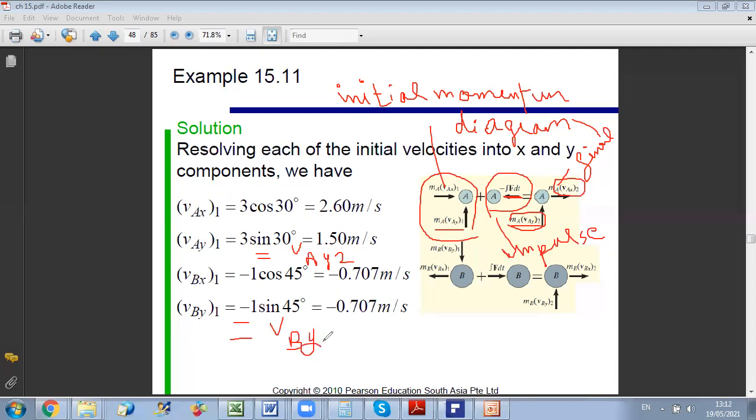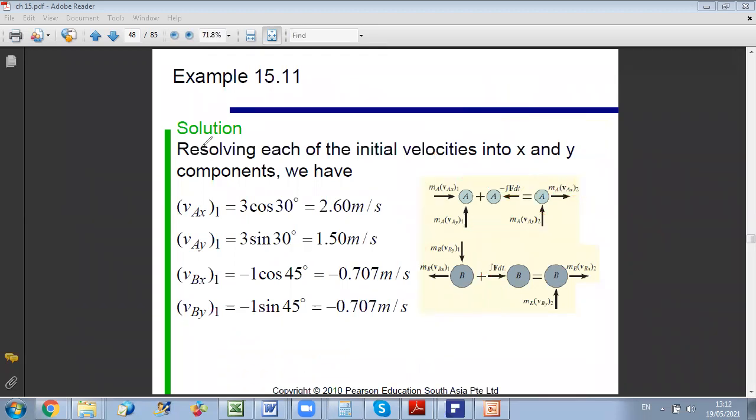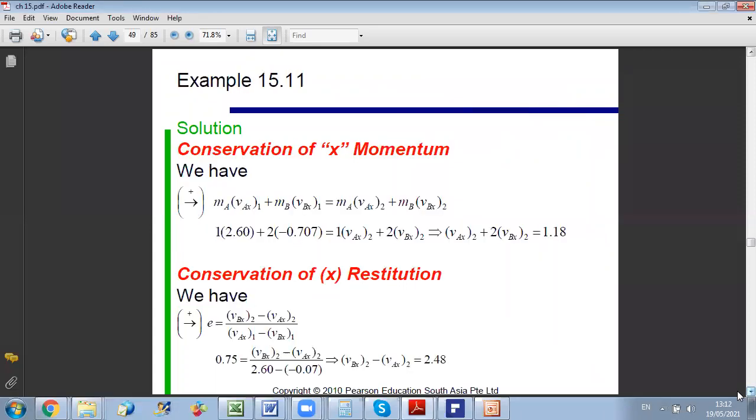Okay? Now, I move to X components. In X, because there is an impulse in X, I will not take A alone or B alone. I will take the system A plus B to remove the impulse that is unknown.